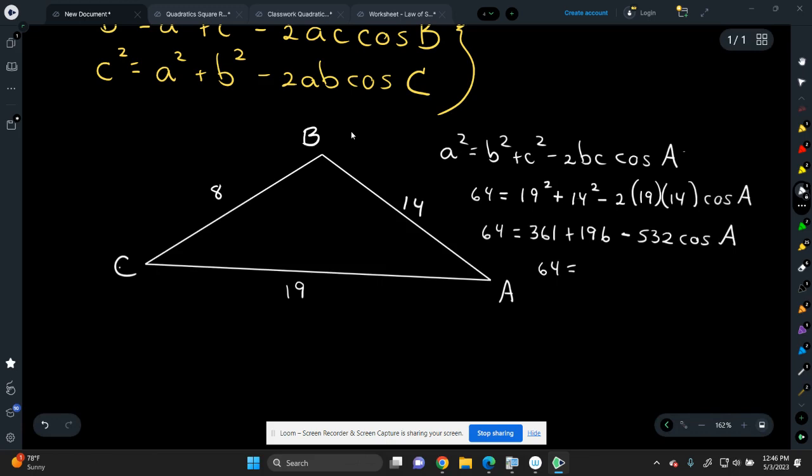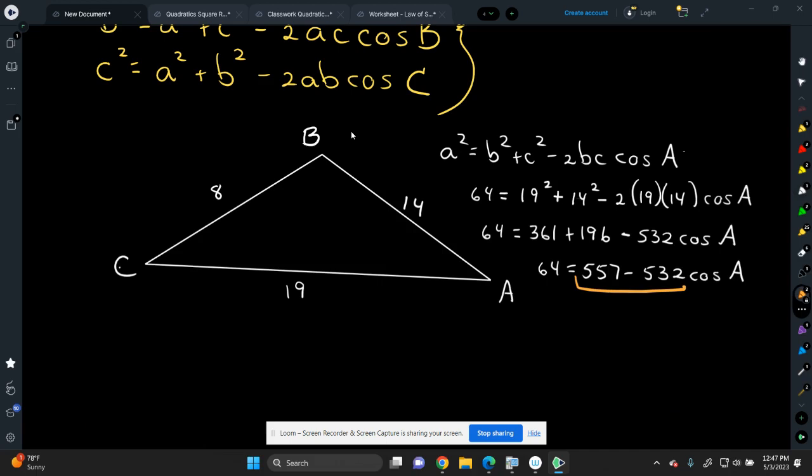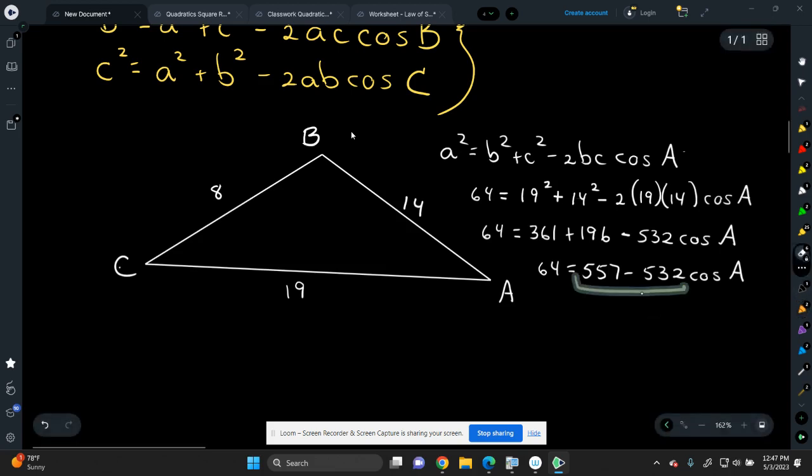So I'm going to add the 361 and the 196. Order of operations, right? 557. And this is where the mistake is always made, right here. We do not subtract those two because this is 532 times the cosine of A. So we can't do 557 minus 532.